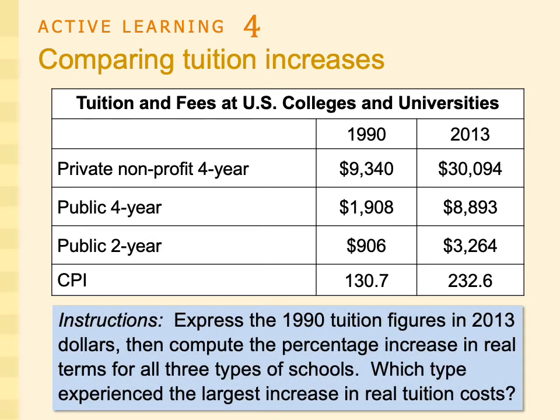What you want to do is express the 1990 tuition figures in terms of 2013 dollars using the formula from a few slides back, and then compute the percentage increase in real terms for all 3 types of schools. Those are 2 different steps for each type of school. Then figure out which type of school experienced the largest increase in real tuition costs. Go ahead and pause the video and take about 10 or 15 minutes to calculate those things.